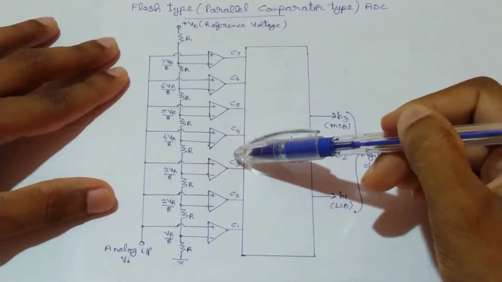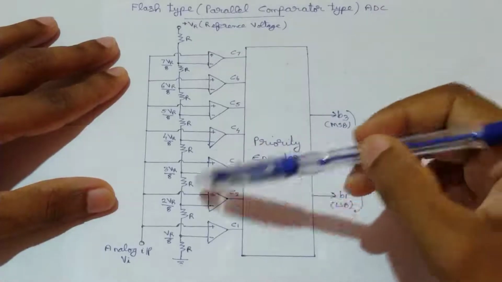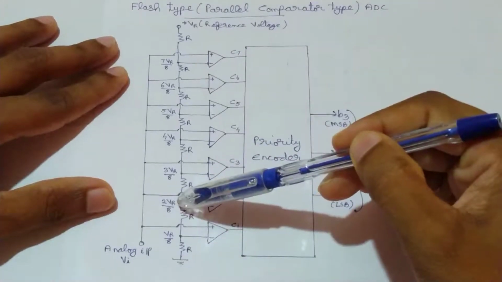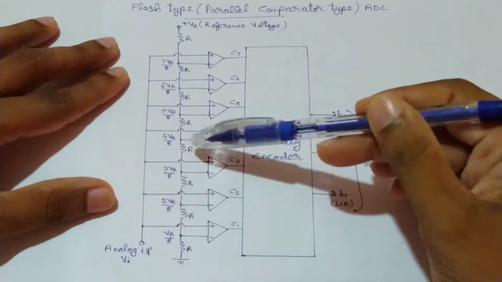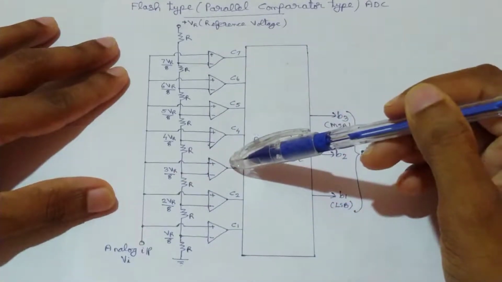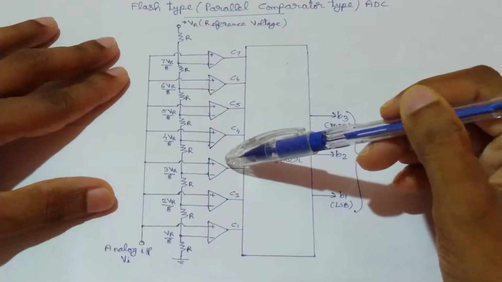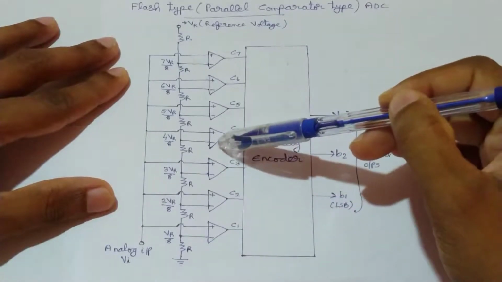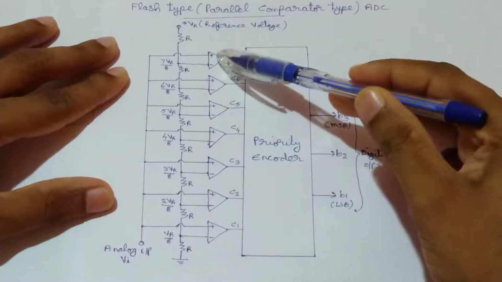And for comparator 3, what will be the output? We know Vi is less than or equal to 2 VR by 8, so it is also less than this 3 VR by 8. So output of C3 is also logic 0, and the output of all the above comparators are also at logic 0.